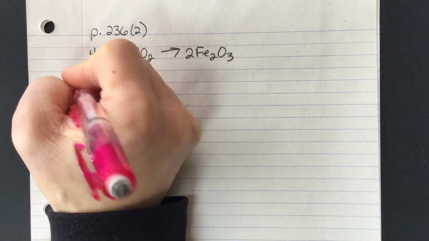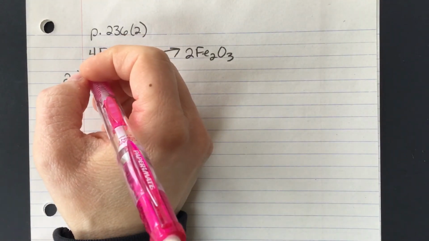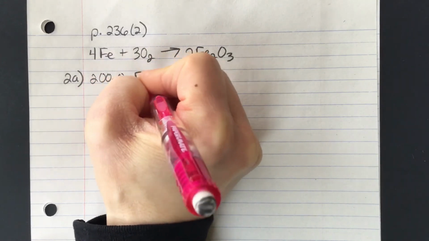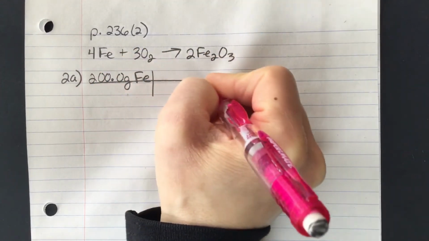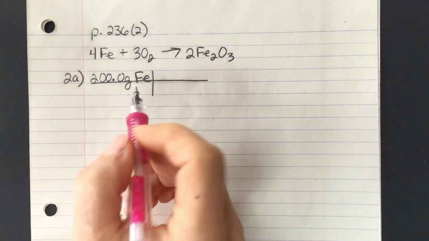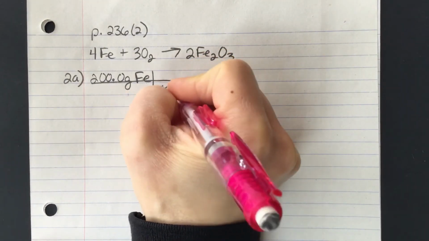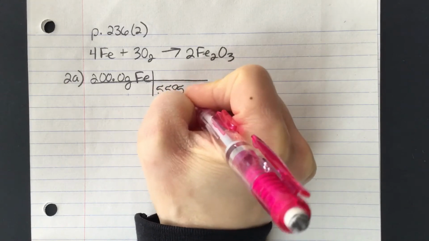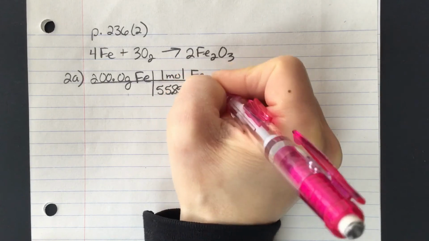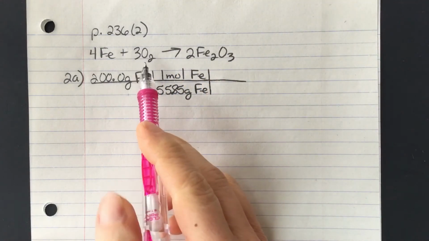So for 2A, we are given 200 grams of iron. We have to do our molar mass sandwich. So iron, we can just get this one right off of our periodic table. The molar mass is 55.85 grams of iron for 1 mole of iron. Now we're going to oxygen.